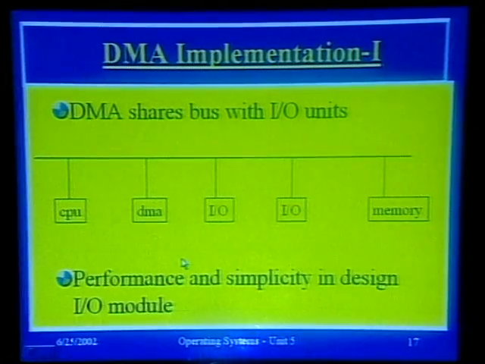There are primarily three implementation schemes of DMA in the system. For example, in the first, DMA shares the bus with I/O units. We see this bus, the CPU is on the same bus, DMA is on the same bus, I/O 1, I/O 2, and memory all are on the same bus. They share the same bus, and this offers performance and simplicity in the I/O module.